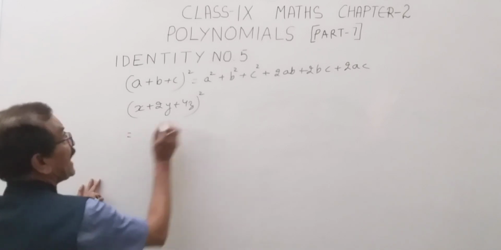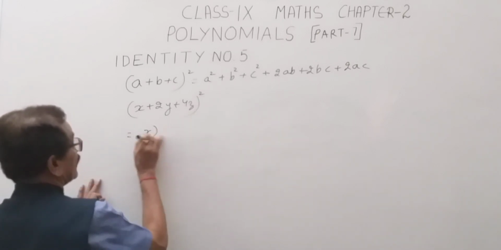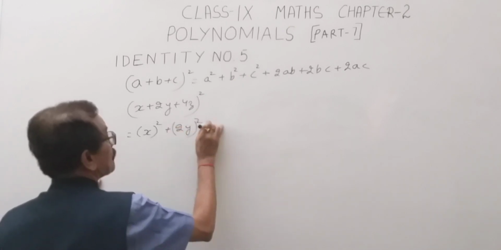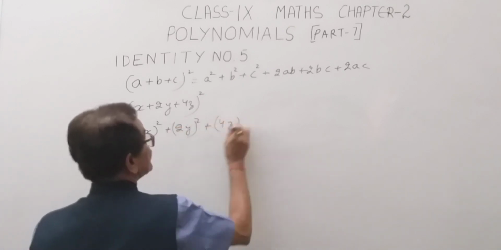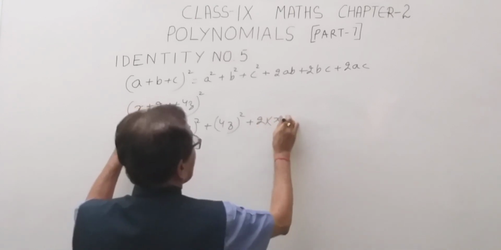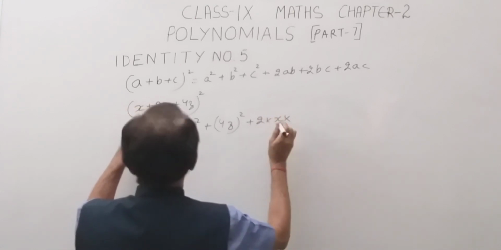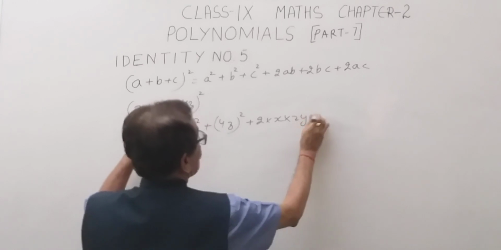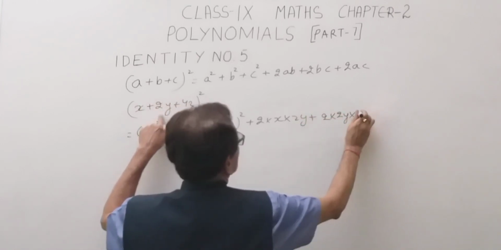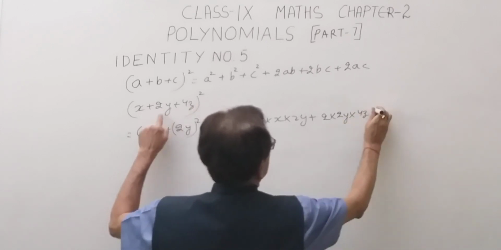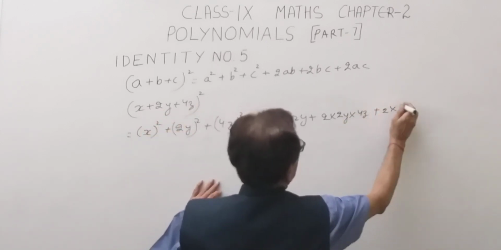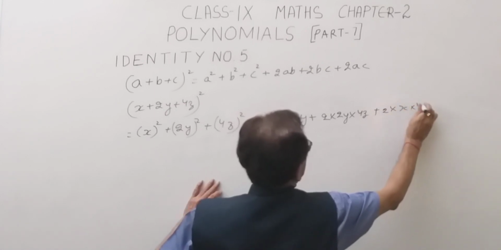That is a square plus b square plus c square plus 2 into a into b plus 2 into b into c plus 2 into a into c.